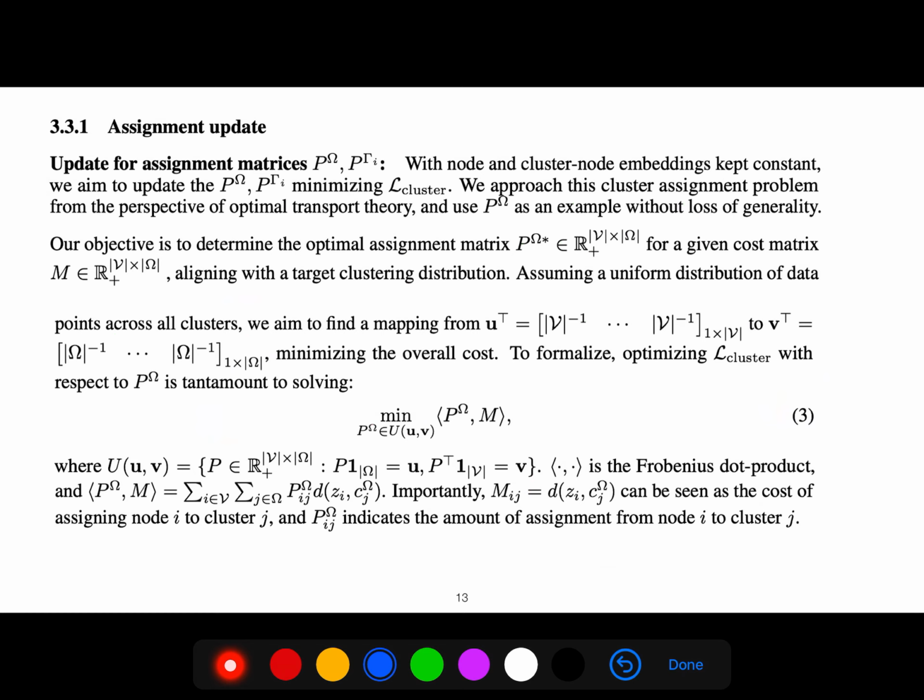Updating the assignment matrices: with node and cluster node embeddings kept constant, we aim to update them, minimizing the cluster loss. We approach this cluster assignment problem from the perspective of optimal transport theory. Assuming a uniform distribution of data points across all clusters, we aim to find a mapping from U to V, minimizing the overall cost.